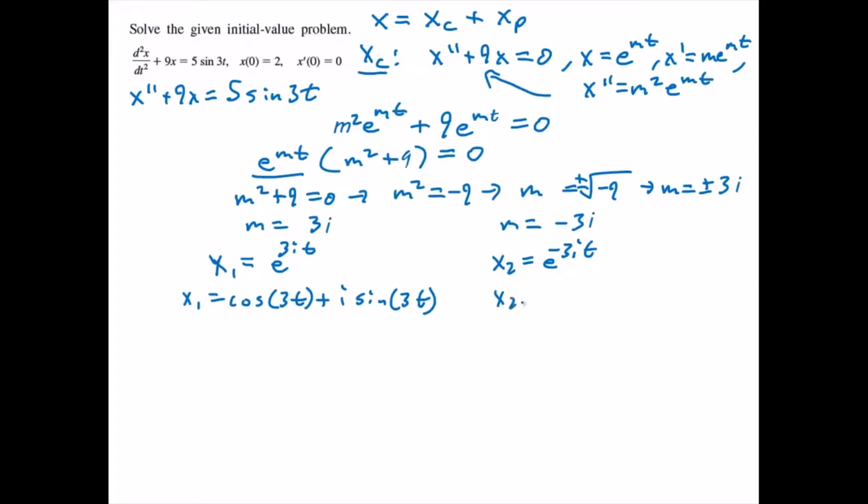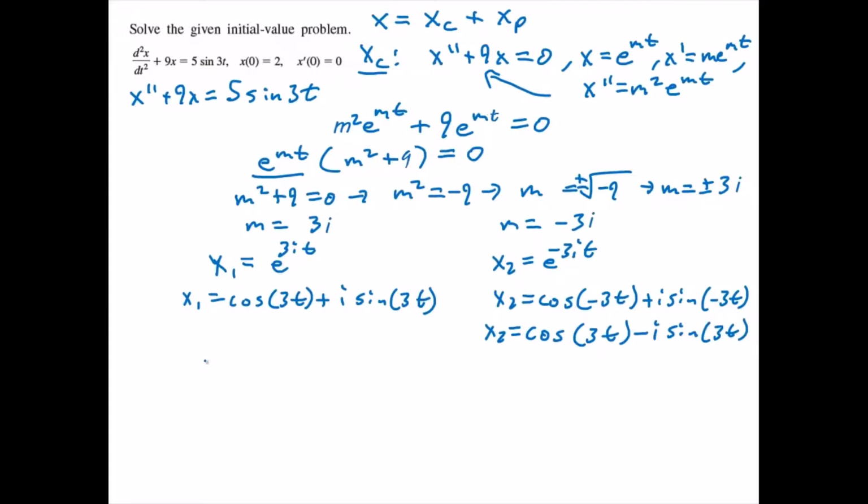And if x sub 2 is e to the minus 3it, that means that x sub 2 will be the cosine of negative 3t plus i times the sine of negative 3t. And because the cosine is an even function and the sine is an odd function, this will become the cosine of 3t minus i times the sine of 3t.